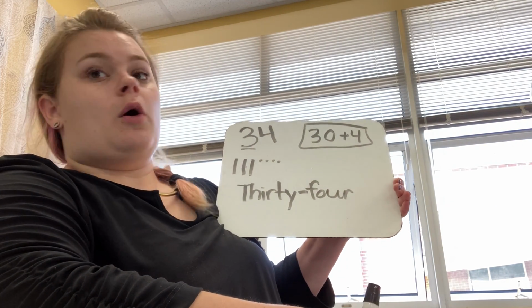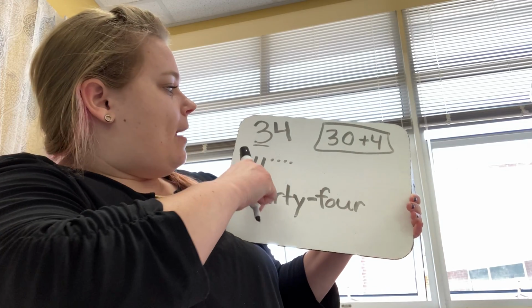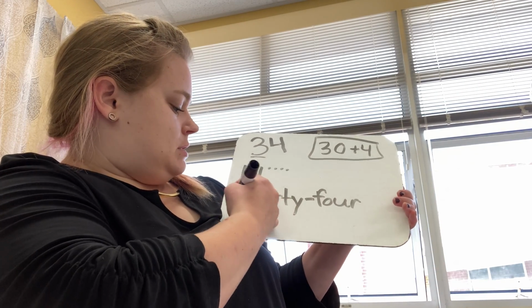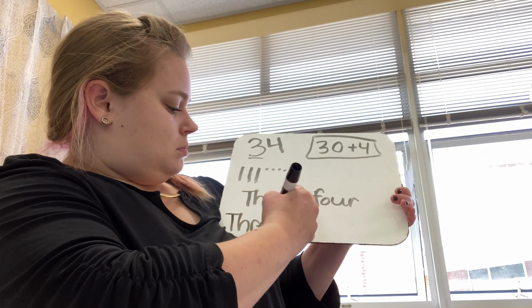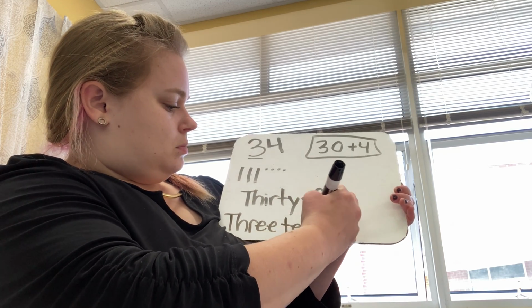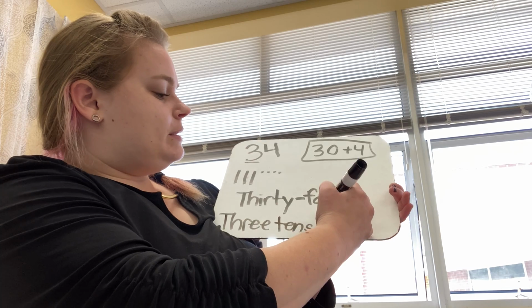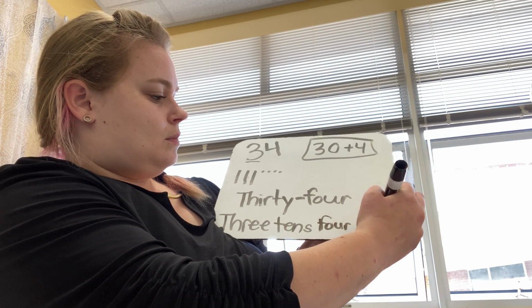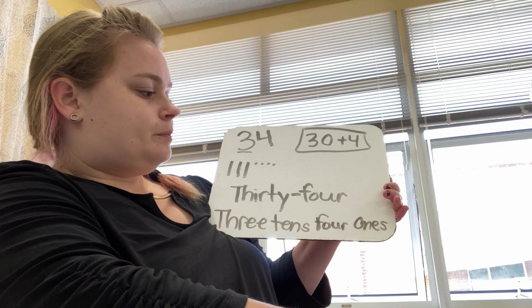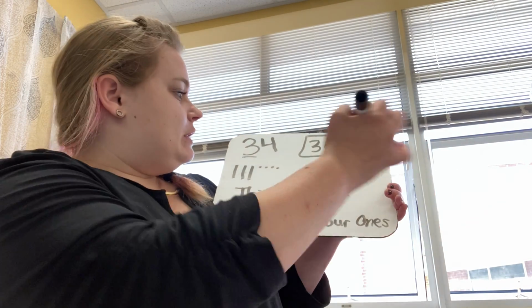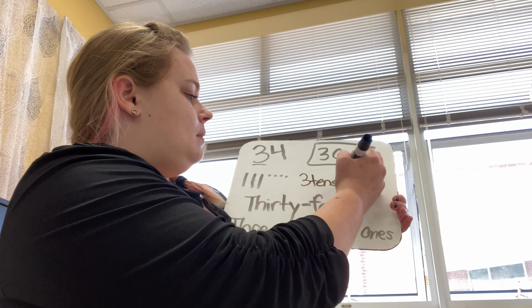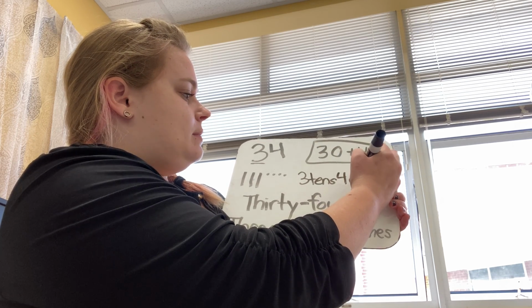We could use words to say how many tens and how many ones there are. 3 10s. 4 1s. I could even just use the numbers. 3 10s, 4 1s.